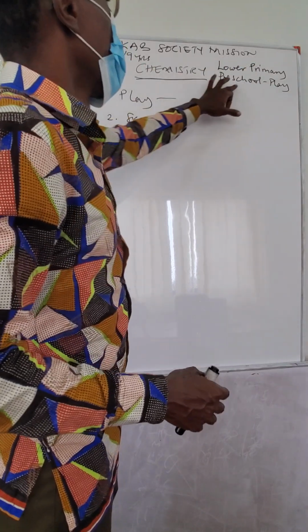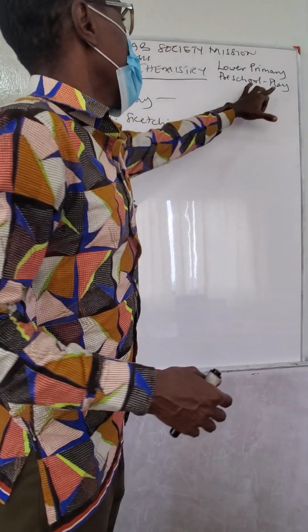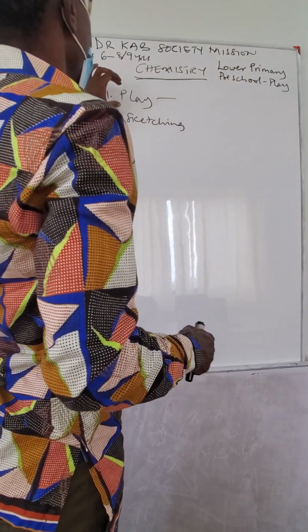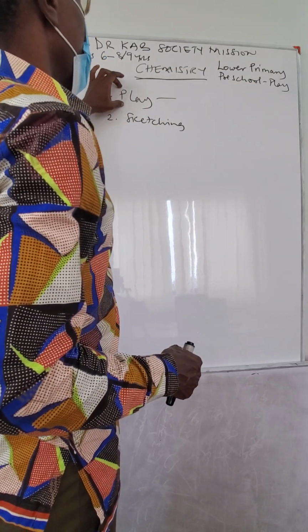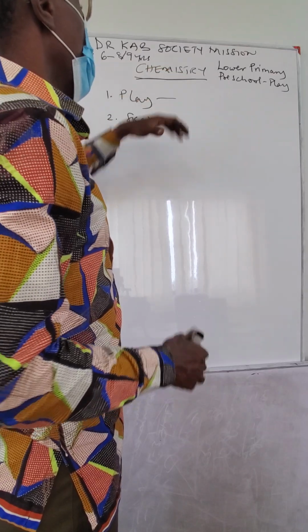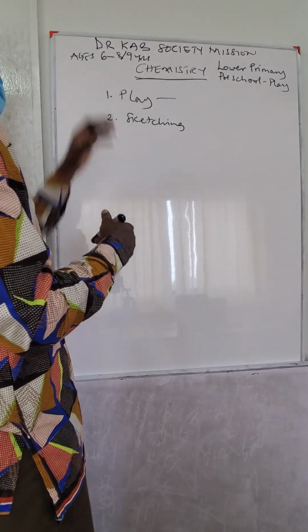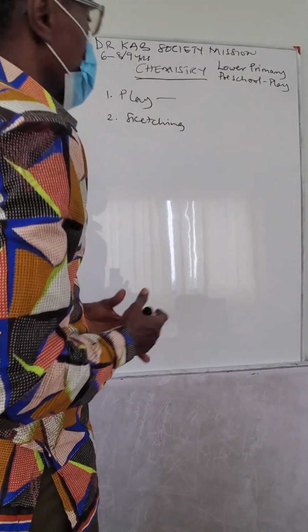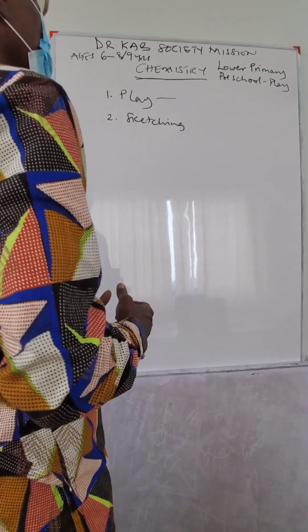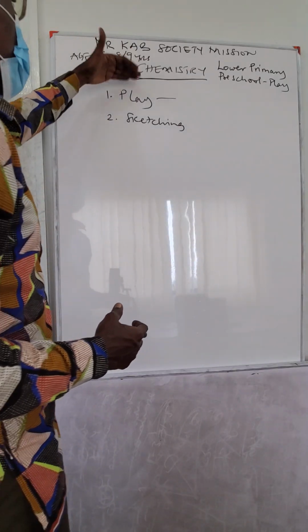The play tool is for the preschool. So for the preschool play, we have special toys that we have already mentioned that they can use. Now the play comes in the form of, let's say, motion. This is under chemistry, but if it were motion, we have the tools that can be used for the various types of motion. The same way, we have tools for the various topics in chemistry.